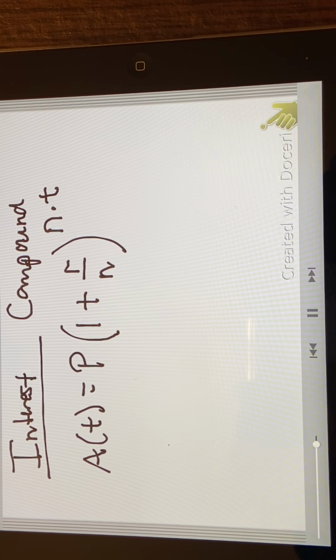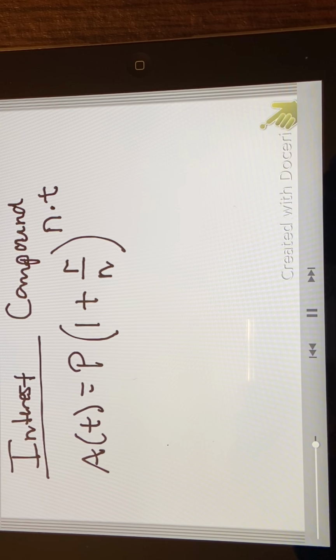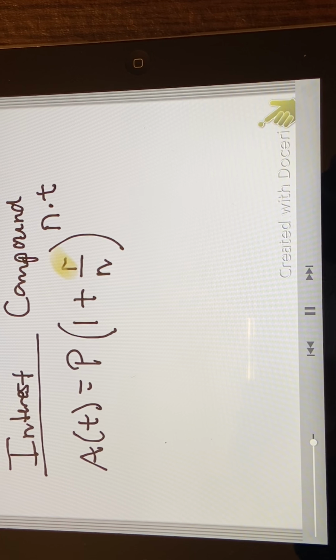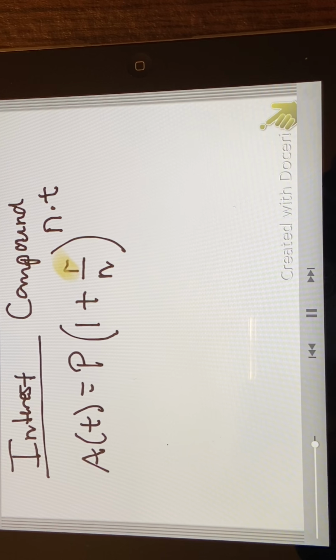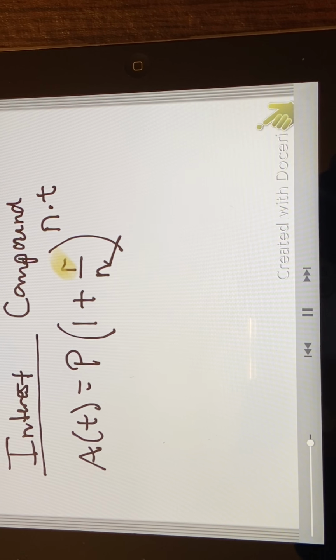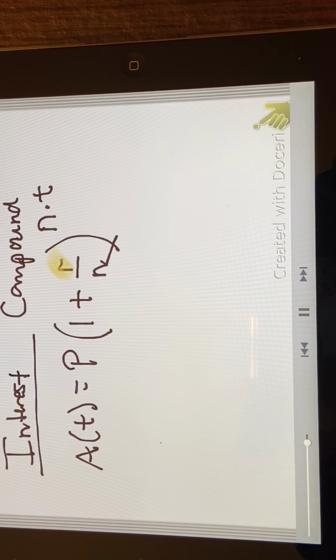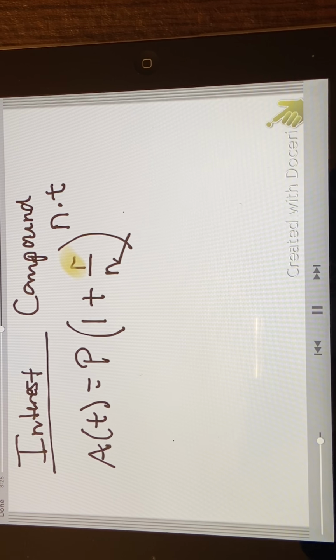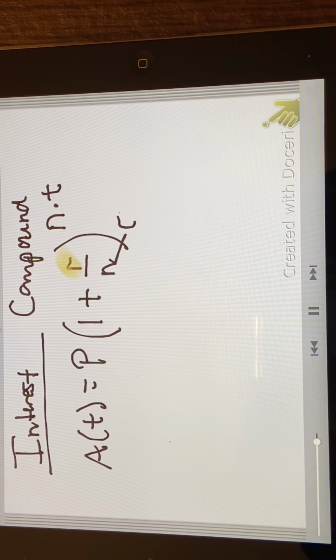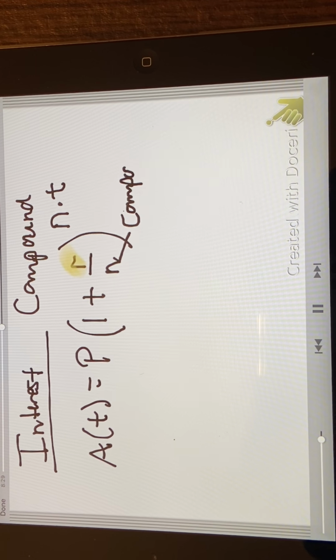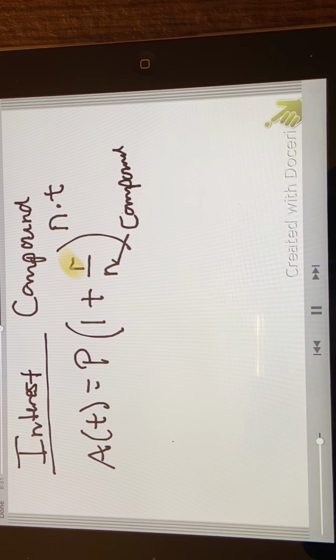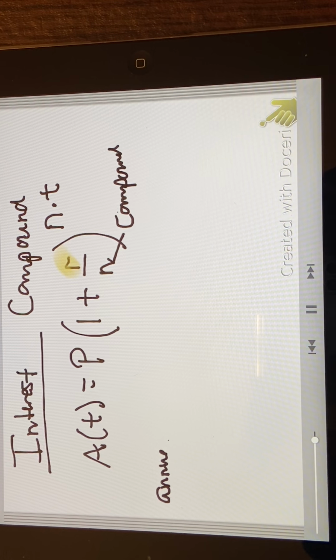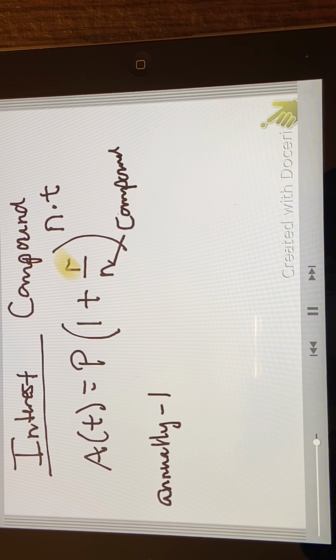Now, what do these things mean? Well, R means the rate of interest. N means how often I'm compounding it. And so we have to talk about compounding and understand what it means to compound. So when you think of compounding annually, you do it 1 time a year.